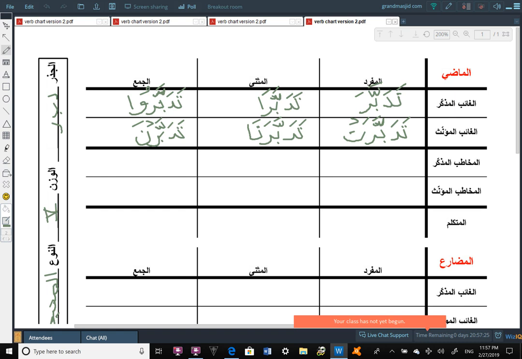We want to make it second person, singular, male. Tadabbarta. Anta tadabbarta. Antuma tadabbartuma. Antum tadabbartum. Anti tadabbarti.